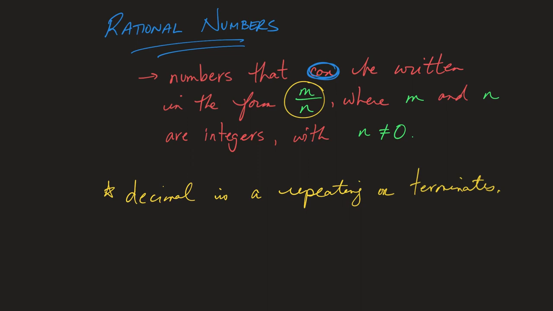Well, sometimes that can work out to be a whole number. Sometimes that works out to be a decimal. Sometimes that works out to be an ugly decimal. We should know that when I do the division, if it is a rational number, then my decimal is repeating, or it terminates, or it ends at some point.